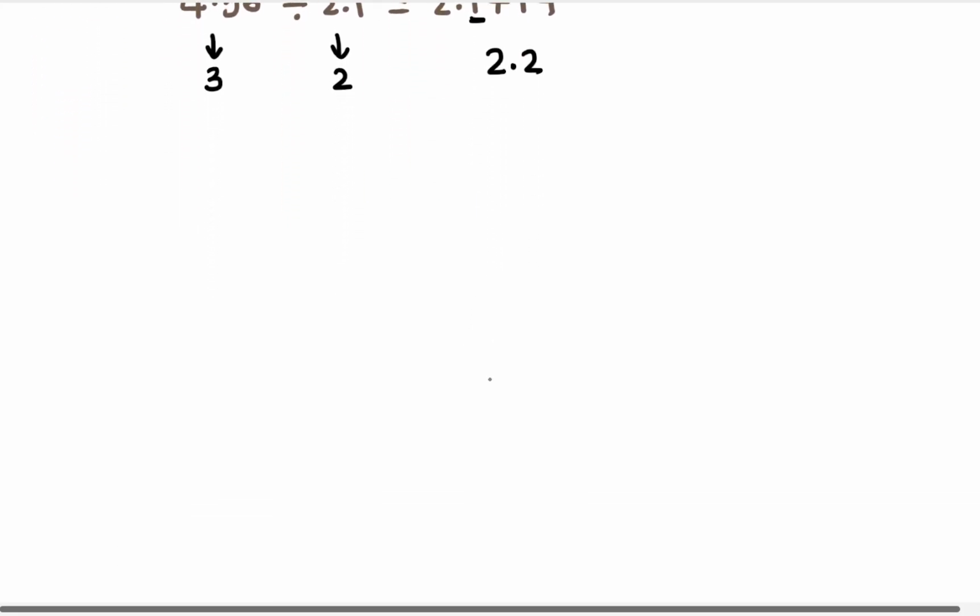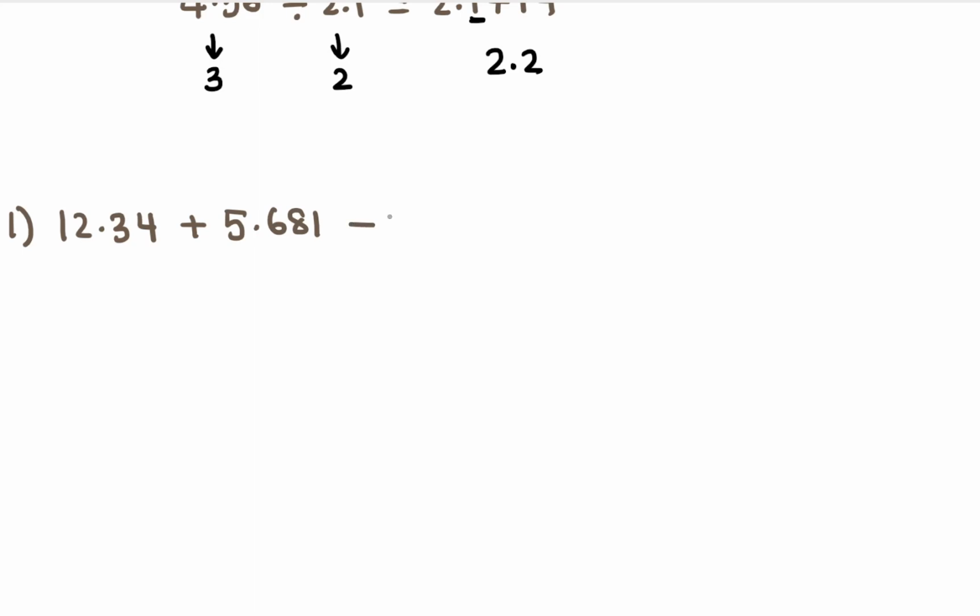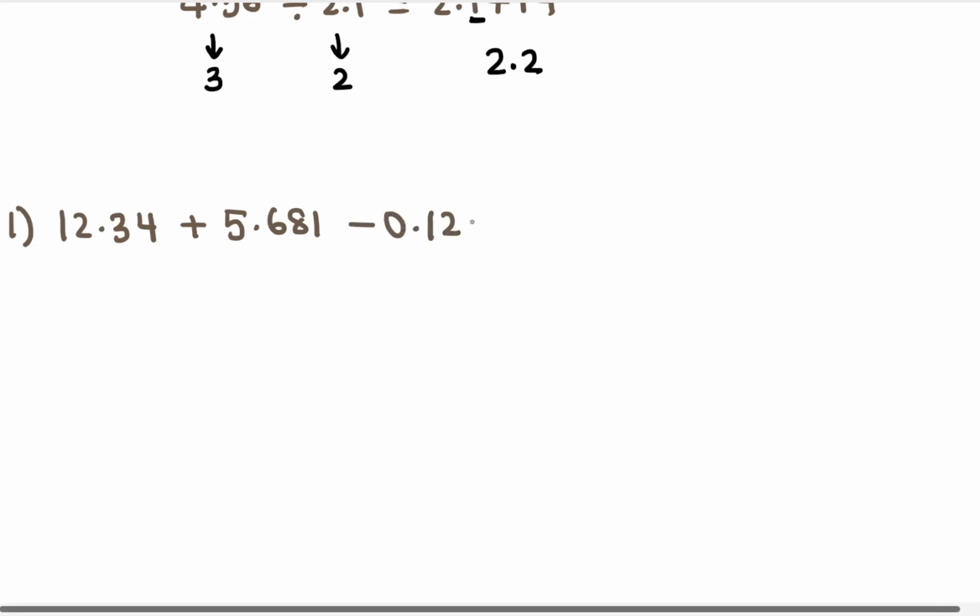Let's do a few more examples. Let's do 12.34 plus 5.681 minus 0.123. So again, we do the calculation first.